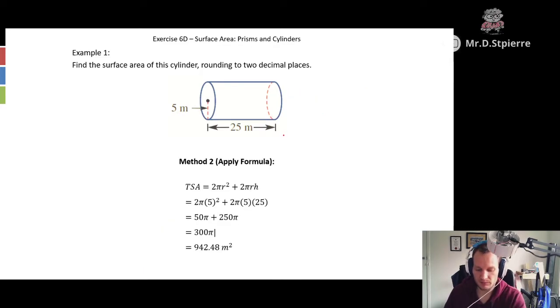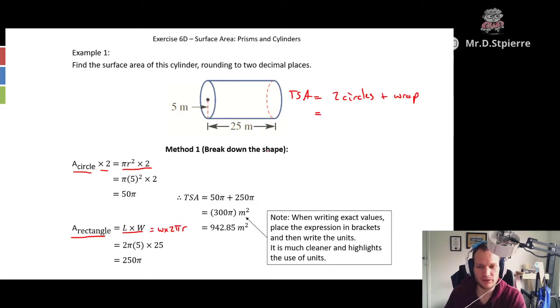I'm showing how to make the formula for the next slide. TSA is equal to two circles plus the wrap. It is equal to 2 times pi r squared plus the wrap, which is width times 2 pi r.